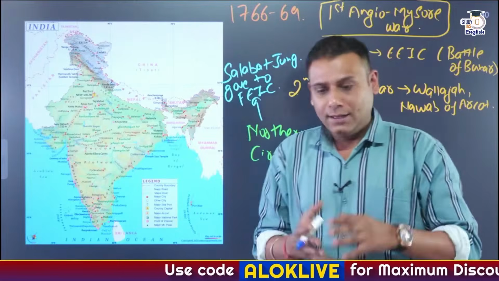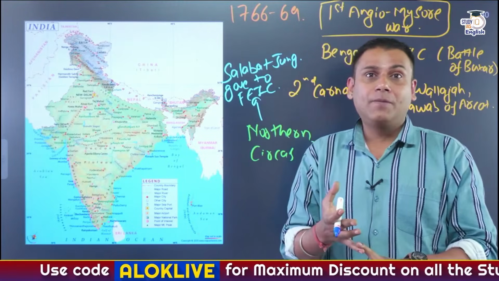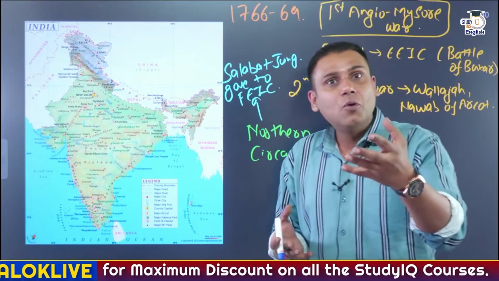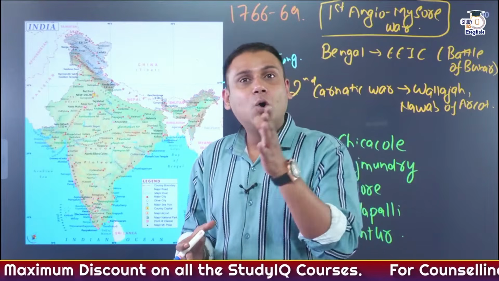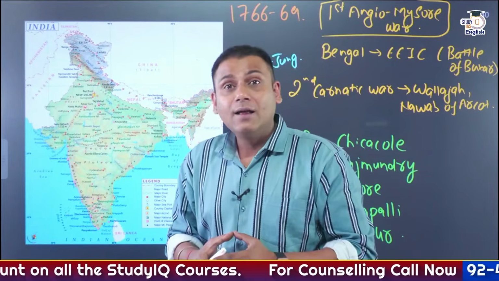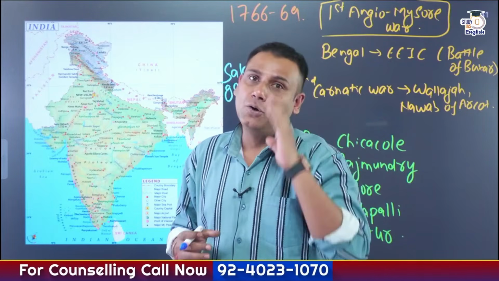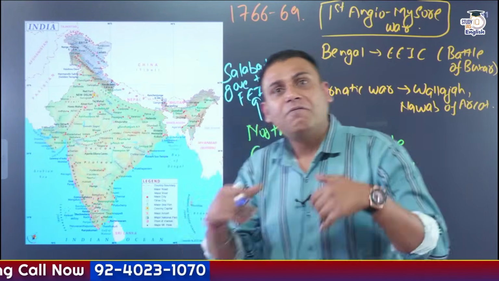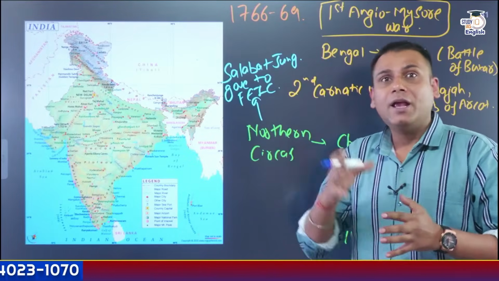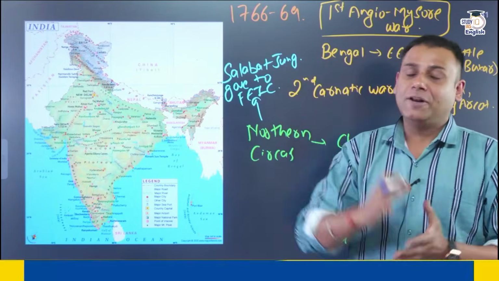Apart from this, the trade in sandalwood, the handicrafts, the most important one, the Kolar gold fields, and the ports of Malabar coast such as Mahe and Kannur. All these factors made Mysore an economically prosperous region.